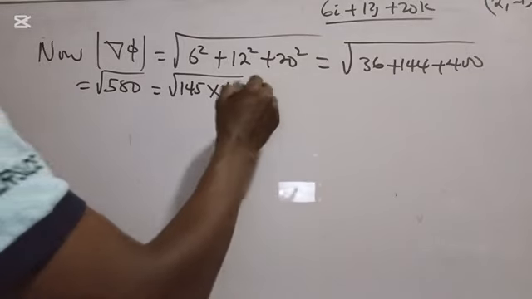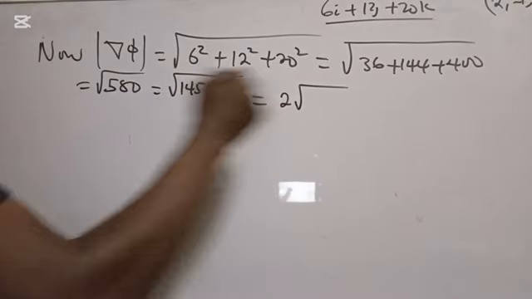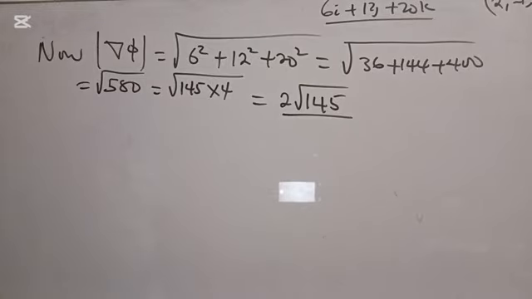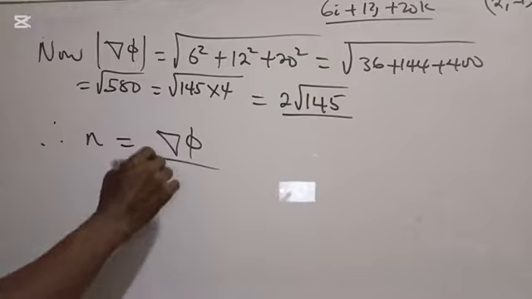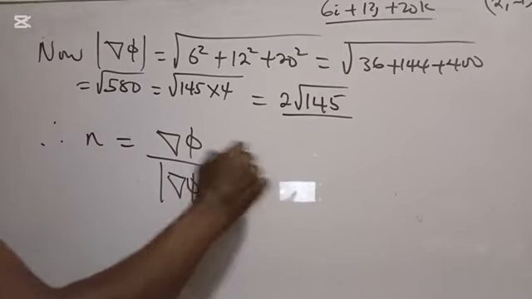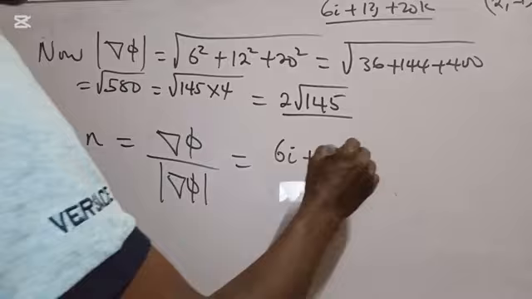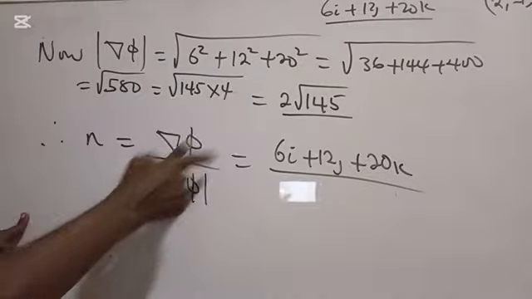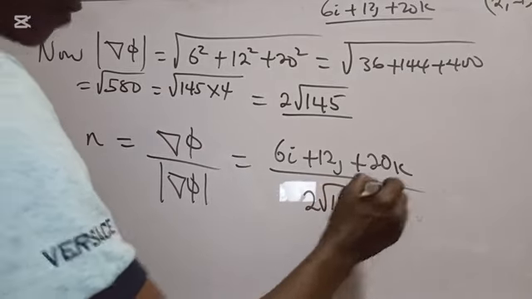Now this is the same thing as 2 root 145, because the square root of 4 is 2. So we have gotten the modulus of grad phi. Therefore n, which is grad phi all over the modulus of grad phi, will be equal to: our grad phi was 6i plus 12j plus 20k, all over 2 root 145.